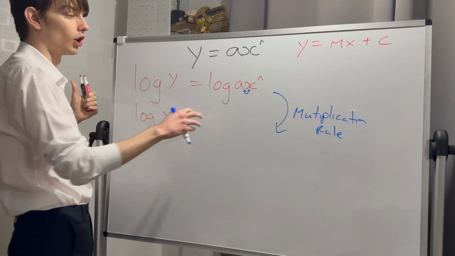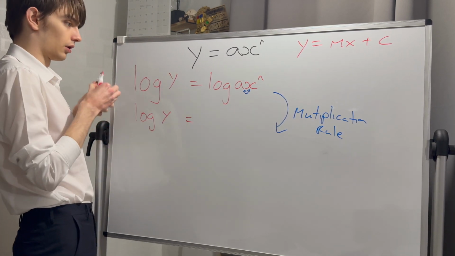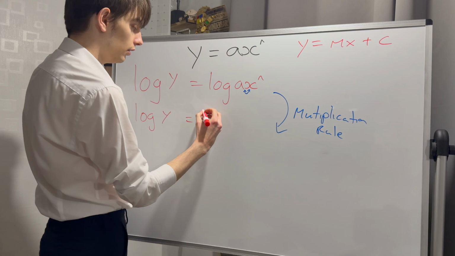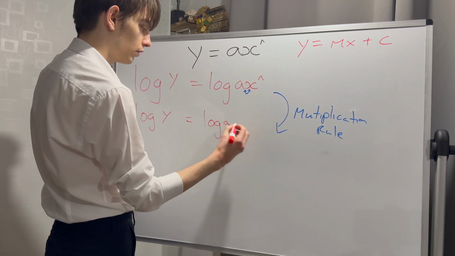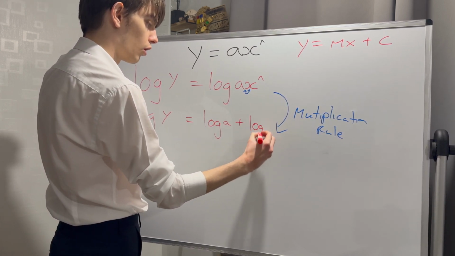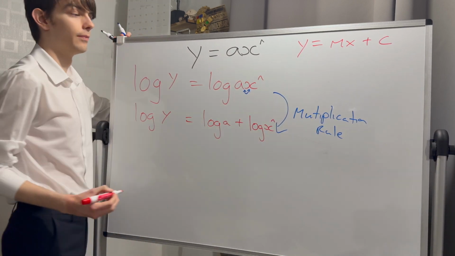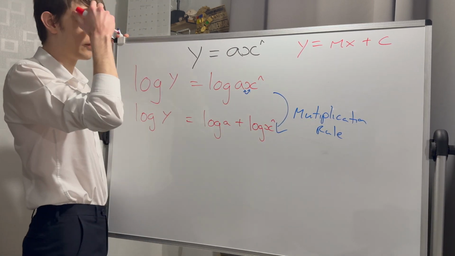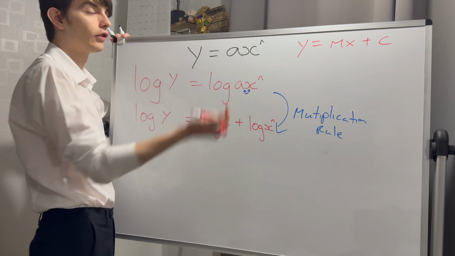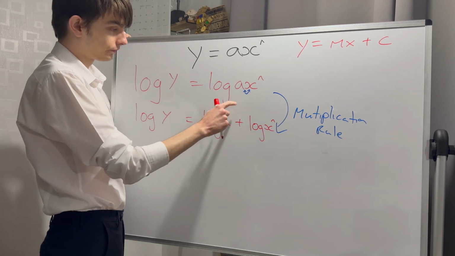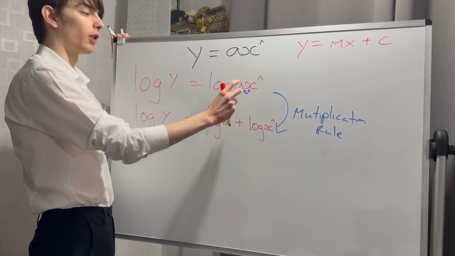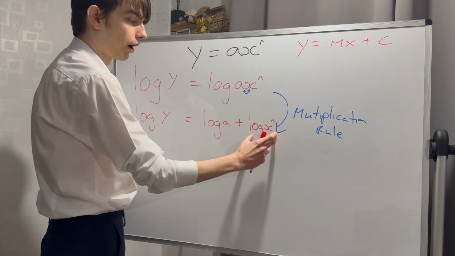And we are going to end up with log of a plus log of x to the n. This is our multiplication rule. If you need a reminder of why or where we got this from, check out the last video. But when we have two things being multiplied, we can separate them into the log of one plus the log of the other.